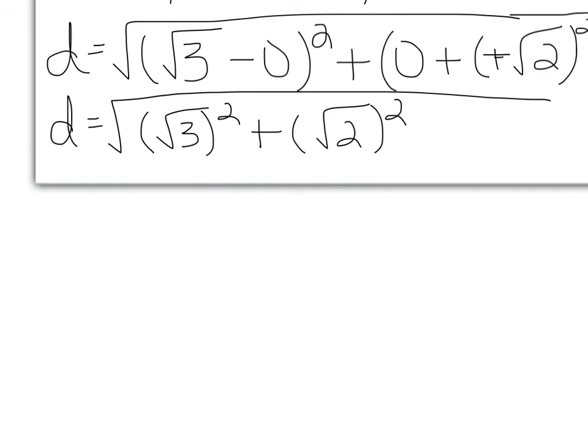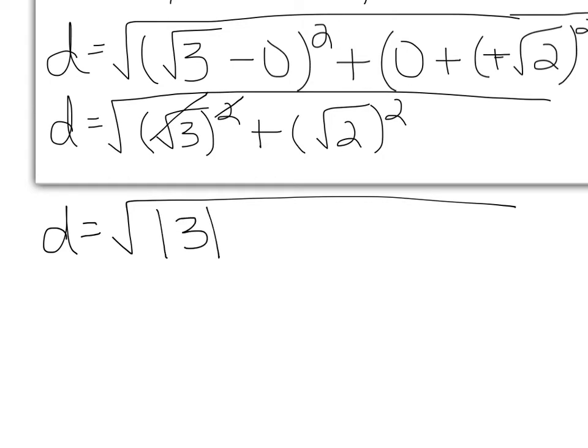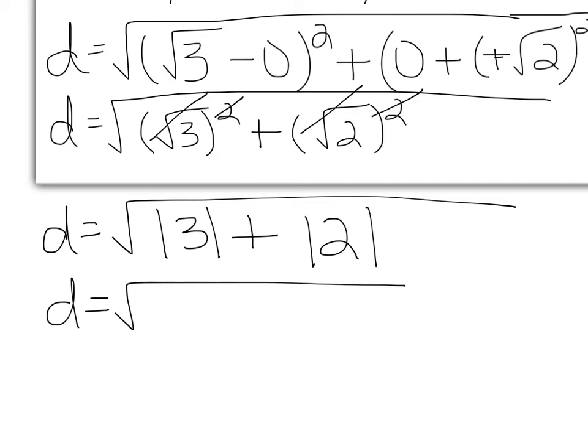Now we know that the square root of 3 squared, the square root and the squared are going to cancel each other, leaving you the absolute value of 3 plus this square root and this squared will cancel, leaving you the absolute value of 2. The absolute value of 3 is just 3. The absolute value of 2 is 2. So our distance is the square root of 5.